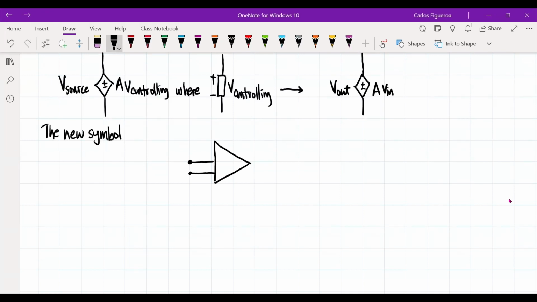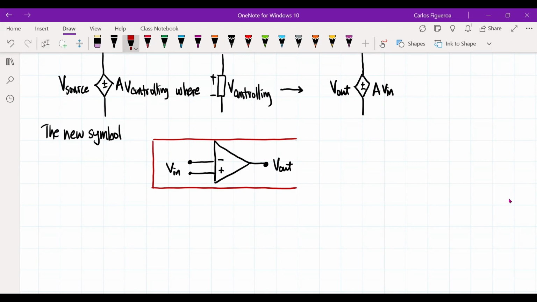And what you're seeing here is that this is the negative and this is the positive. And between these two nodes is where the input is at. And then now this is V output. So this is our new symbol for the amplifier. But remember, it's still a voltage-controlled voltage source.